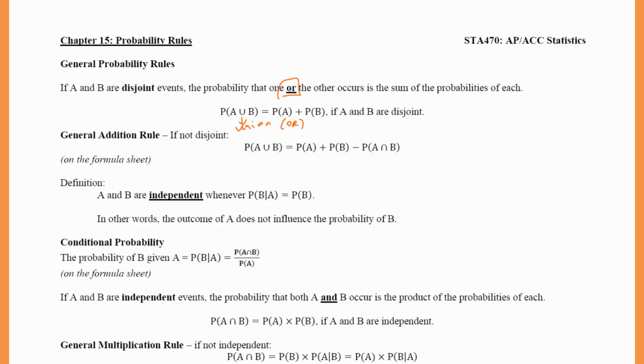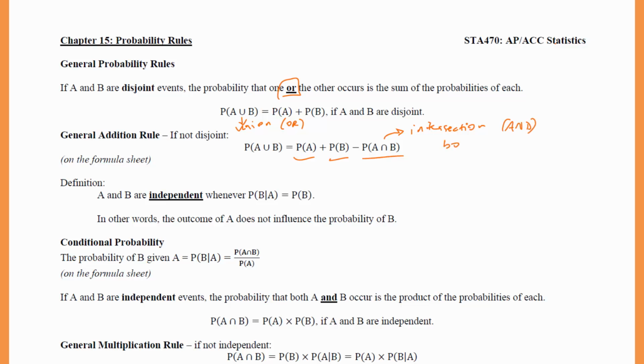The general addition rule, which does not require that A and B be disjoint, says that the probability of A or B, A union B, is the probability of A plus the probability of B minus the probability of A intersect B, or A and B. The upside down U means an intersection, which is and.